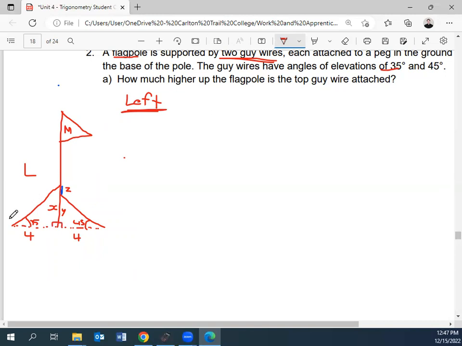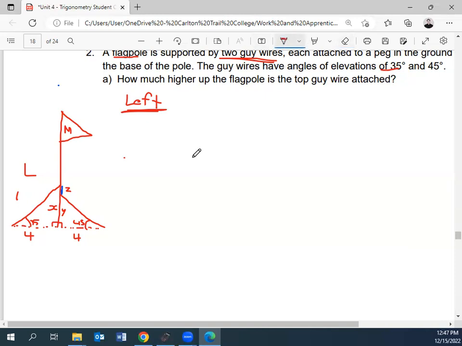So the adjacent and the opposite one here, right? Yeah. How do I know? Well, this is my hypotenuse up here, right? And there's nothing there. What I know is this side, and this is what I'm trying to find. So those are the two sides I'm going to use.